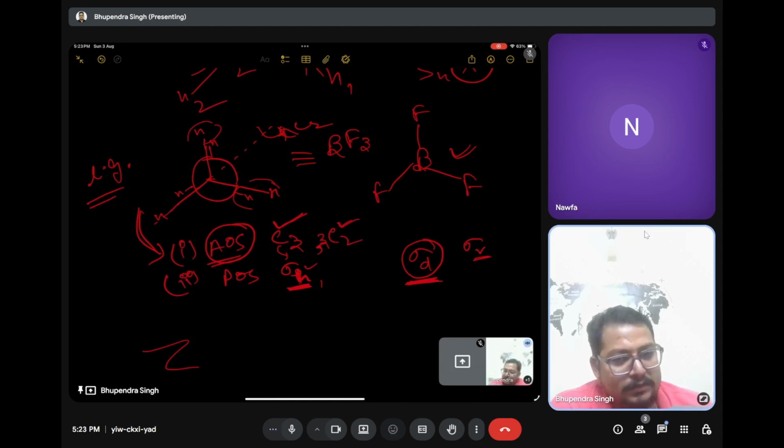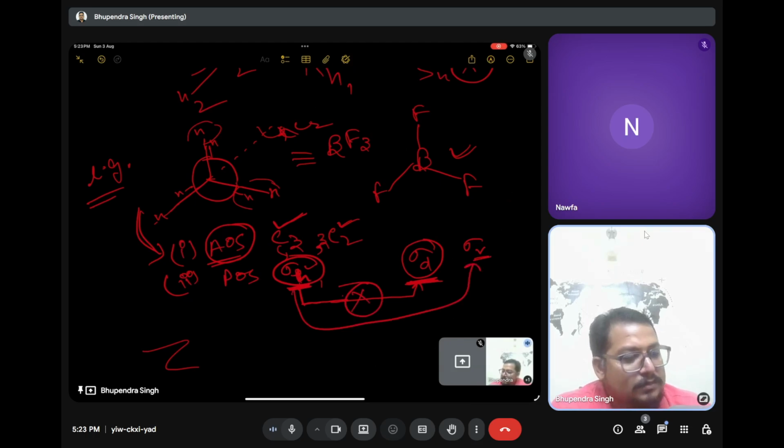That was one condition: if sigma h is present, whatever plane of symmetry you get, you cannot say these are sigma d. Other planes are not sigma d; these will all be sigma v.